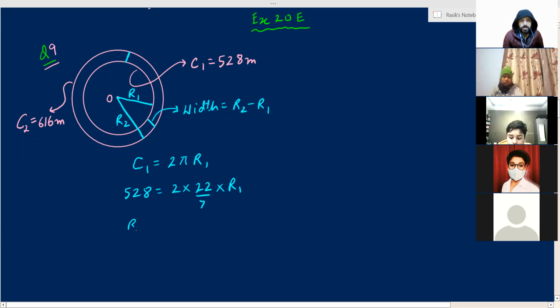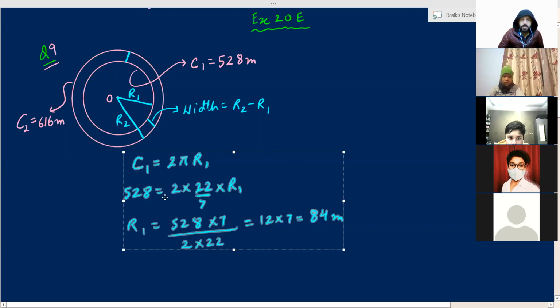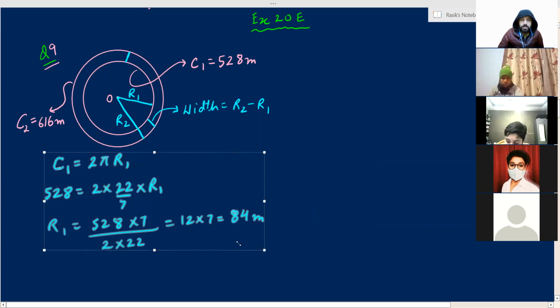Find R1 from this: 528 into 7 upon 2 into 22. If you simplify, you get 12 into 7. That means the radius will be 84 meters. This is the radius of the inner circle. Any doubt in this?